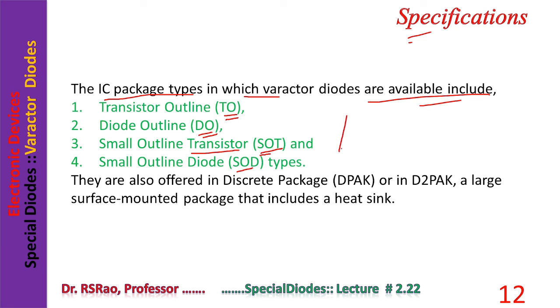These are various types of IC packages pertaining to Varactor diodes. They are also offered in a discrete package, DPAK, in D2PAK, a large surface mounted package that includes a heat sink. These are IC package types.